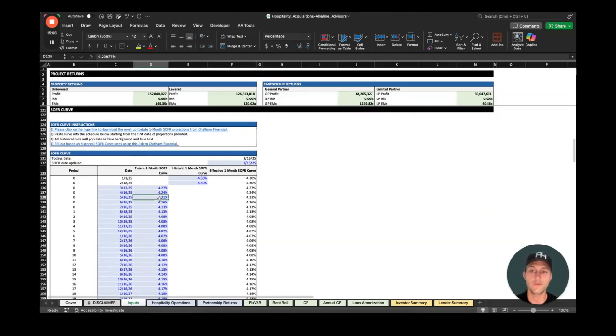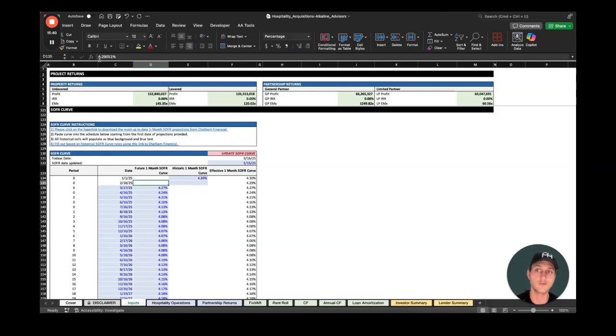And then here we give you the functionality to put in the forecasted figures or the actuals based off of what they already were if you're backloading some information. That being said, if the actual period has already happened and you haven't updated the figures, so for instance, this remains 0, it'll tell you to update the SOFR curve, but at the same time, we are using the information that was initially dropped into the future 1 month SOFR curve.